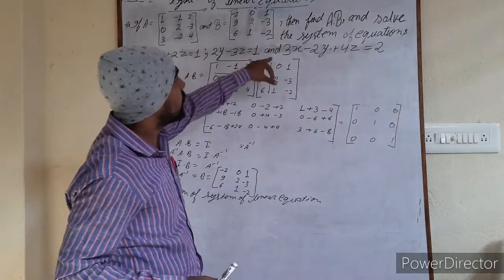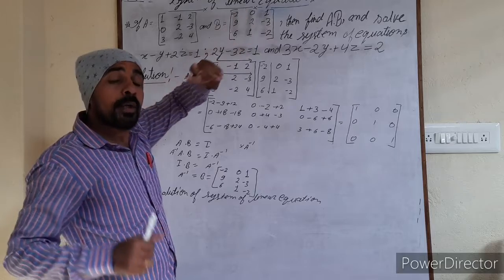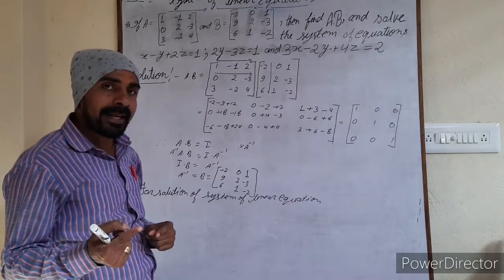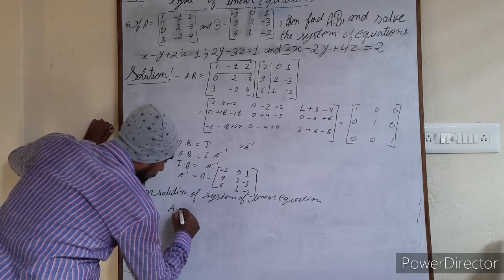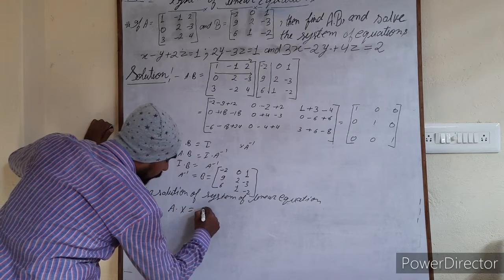Because that will be the constant term, and B has been written like this, so another matrix will be accepted for this one. So that will be A multiple X is equal to C.